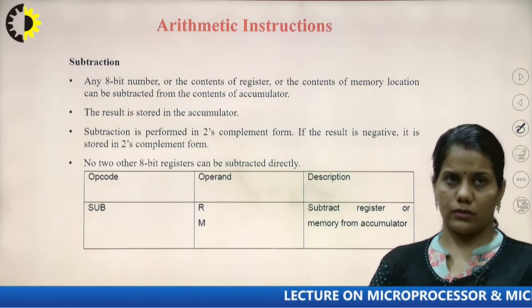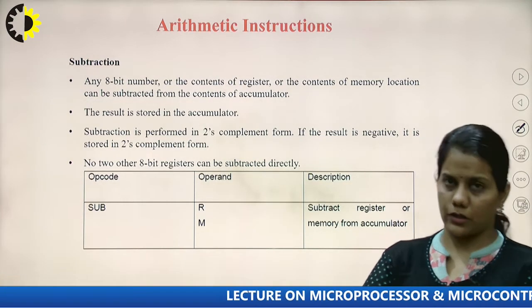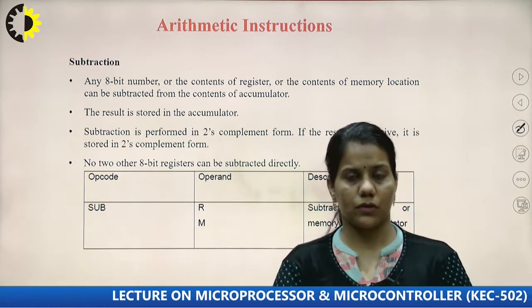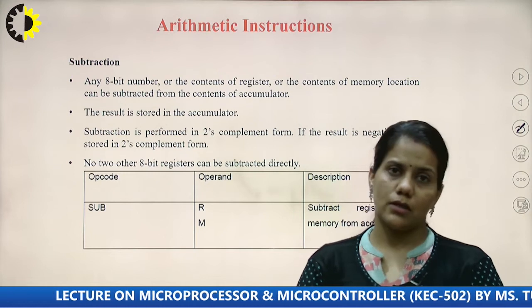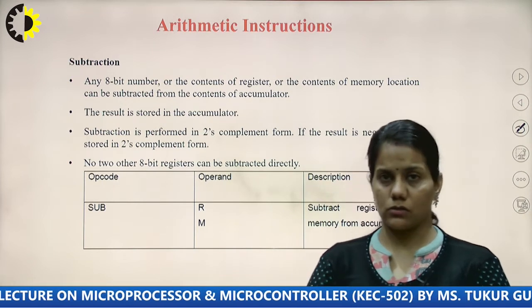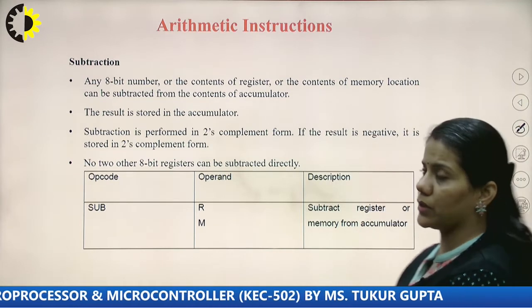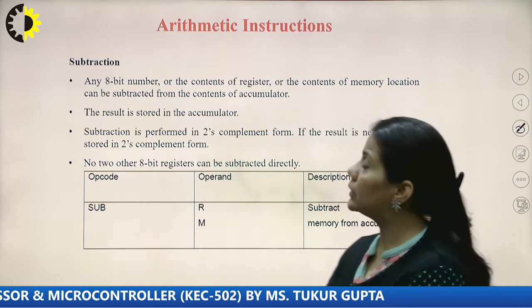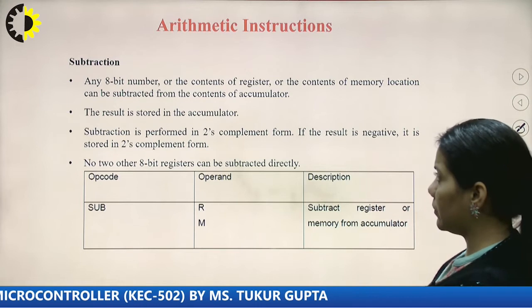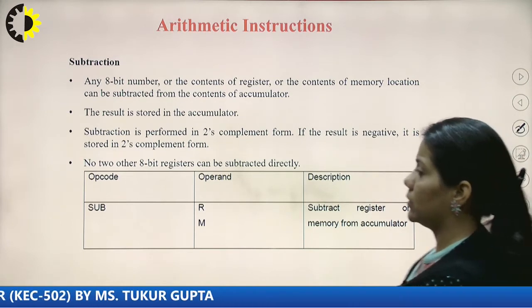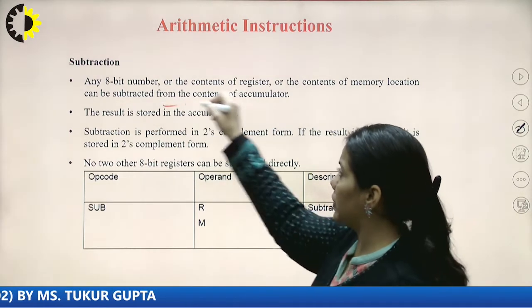Another instruction in this category is subtraction. Similar to all the instructions which we have studied in the addition category, the subtraction category also has similar instructions. The only difference is it will perform the subtraction. Any 8-bit number or the contents of the register or the contents of memory location can be subtracted from the contents of accumulator.